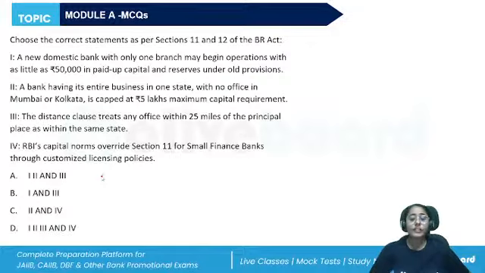The distance clause treats any office within 25 miles as within the same state, and the RBI's capital norms override section 11 for the SFBs through customized licensing policies. A bit lengthy question. Take your time, read the statements carefully, and then answer. According to section 11 and 12 of the Banking Regulation Act, which of the following statements are correct?